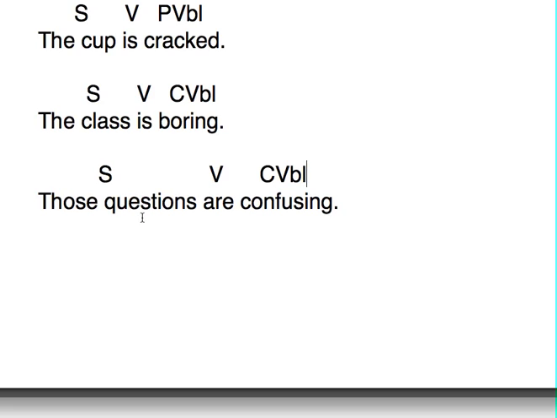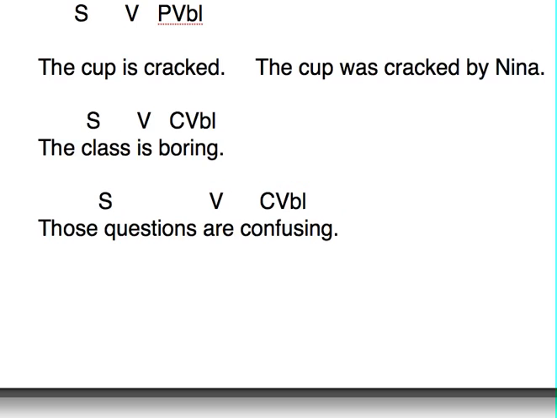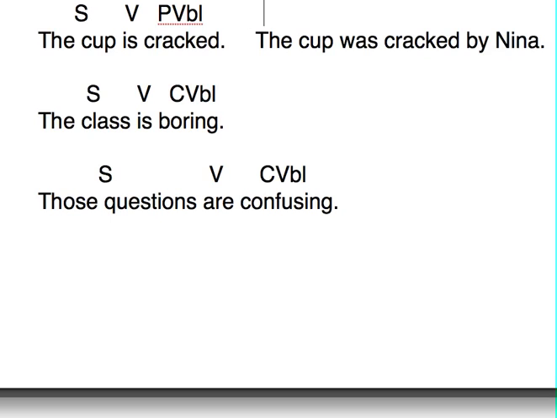Now, very slight changes to these sentences would change what these words are doing in the sentence. Okay? Look at the cup is cracked and compare it to the cup was cracked by Nina. Okay, now Nina is performing an action. She's cracking the cup, right? And that becomes, as we learned in the last chapter, what we call a passive verb, right?